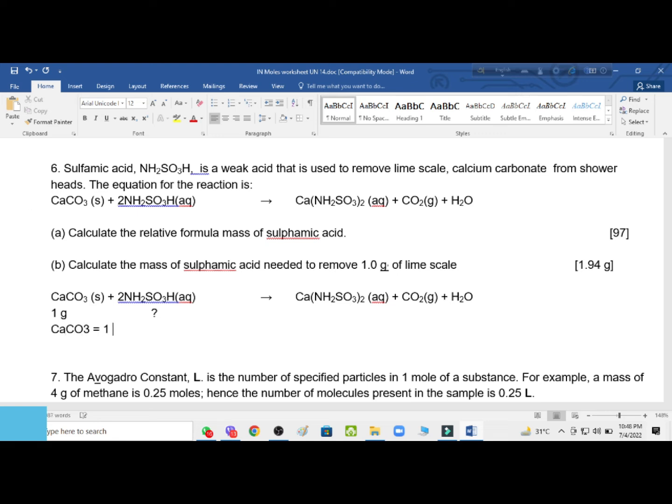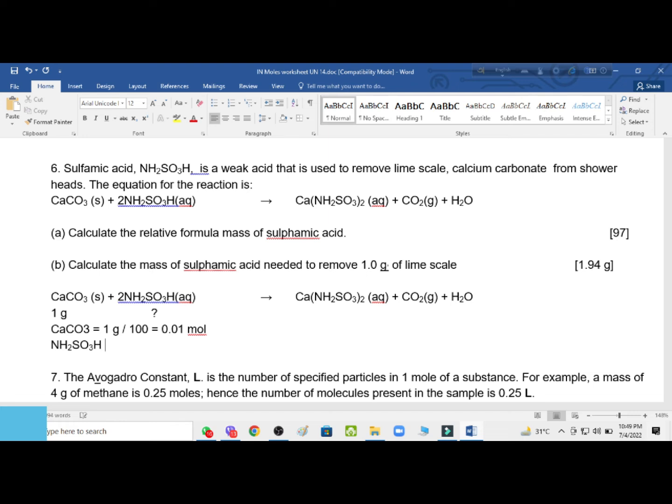It's given as 1 gram. And what is mole? Divide by 100. 100 is the molar mass. So 1 divided by 100. What do you get? 0.01. This is mole. And as per the question, calculate mass of sulphamic acid. And this we can calculate if you have mole, right?